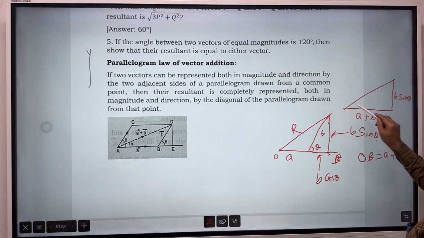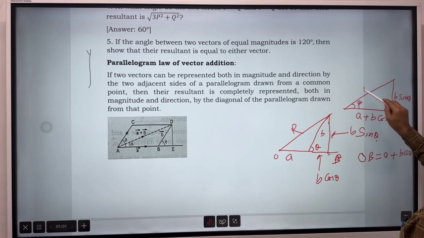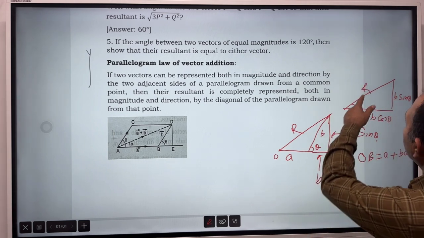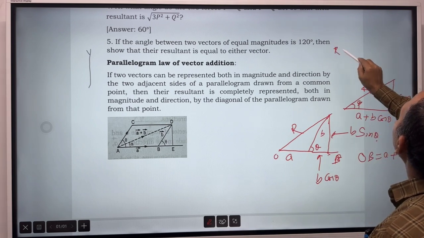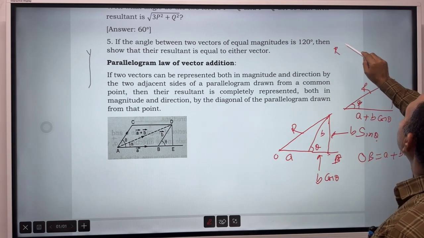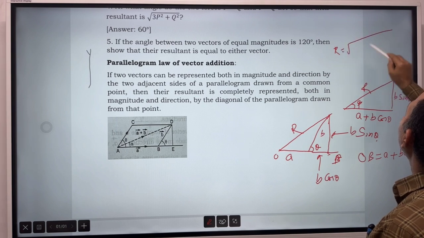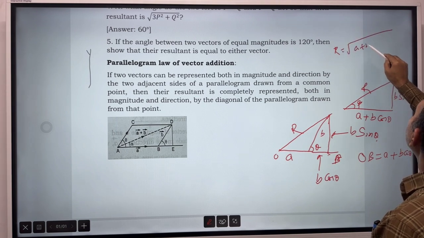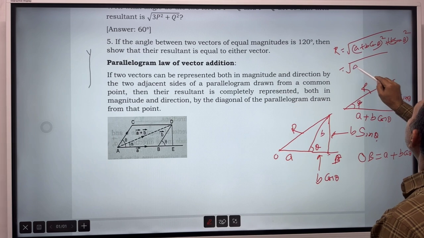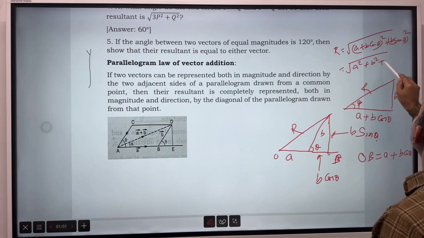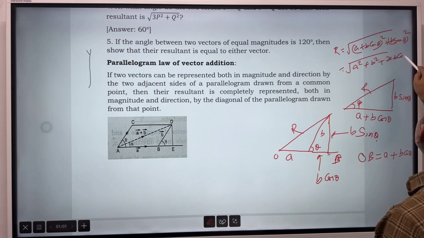Suppose this angle is beta. This is the resultant. Our concern is to get the value of the resultant. So the resultant can be found by using the Pythagoras theorem. So R equals root of (A plus B cos theta) whole square plus (B sin theta) whole square. If you simplify, you will get A square plus B square plus 2AB cos theta.